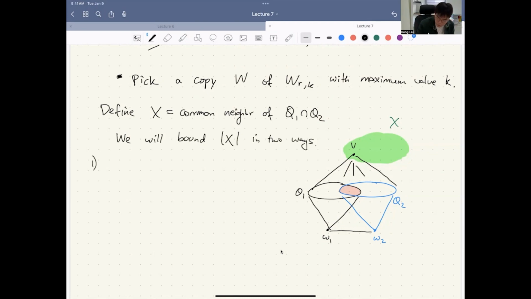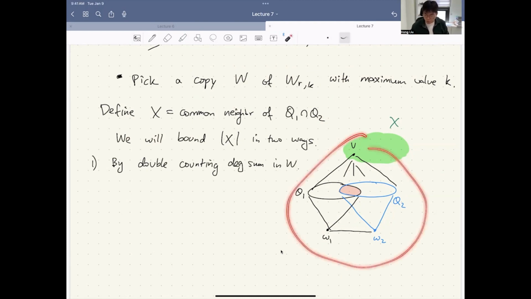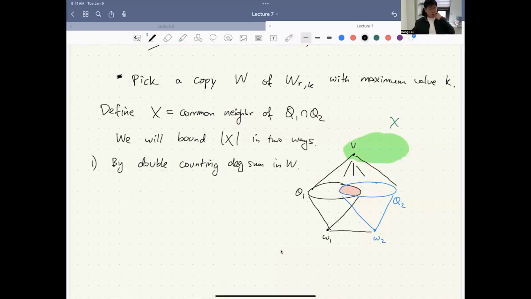Okay, the first way is by double counting degree sum in W. Remember, this is our W. So how do we do that? Well, to double count the degree sum in W, we have to control, when you pick a vertex, how many edges it sends to W. What's its degree in W?